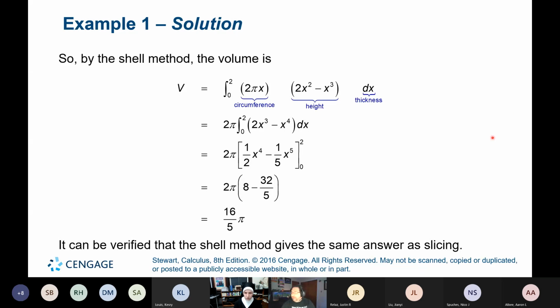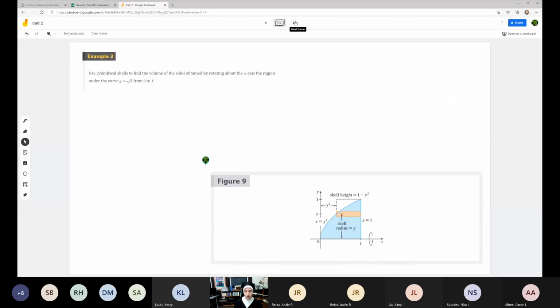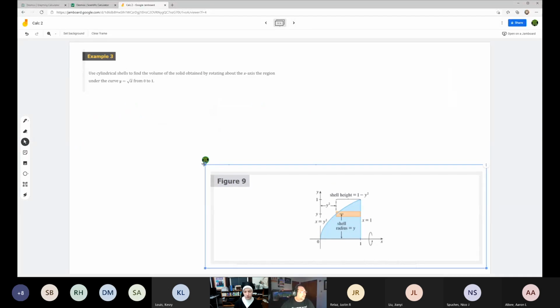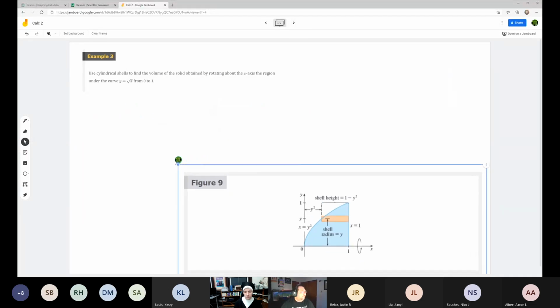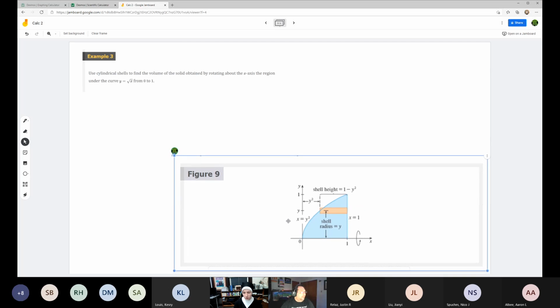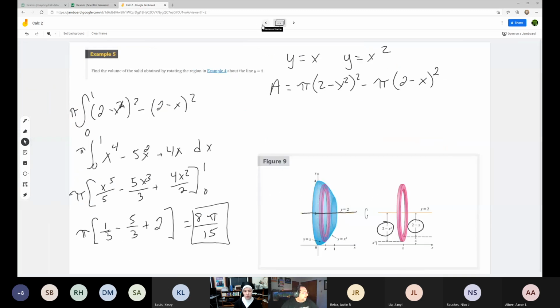So we're going to go back. Let me switch over to my other thing now. All right. We have this shape. We've already done this shape. So actually, let me go back real quick.